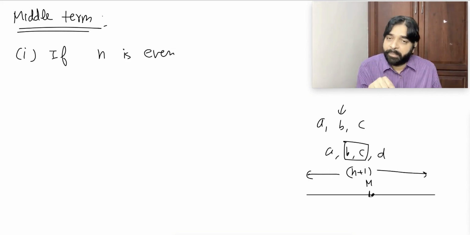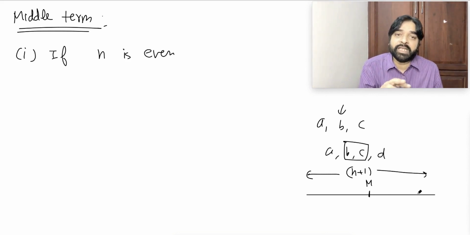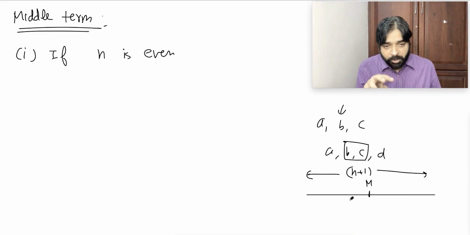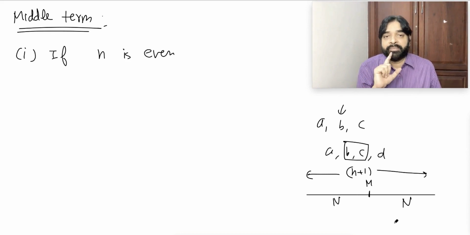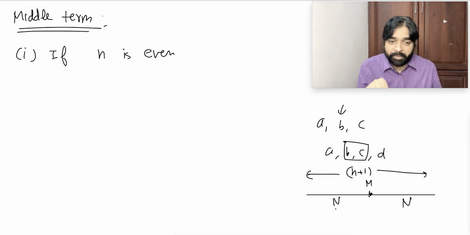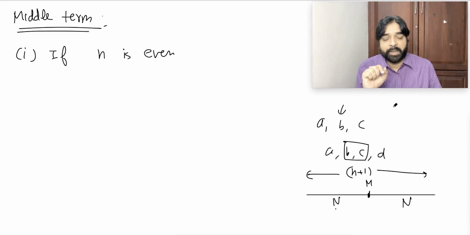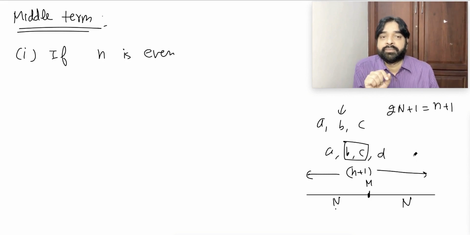This is the middle term. If it is the middle term, the number of terms on this side and on this side will be the same. Suppose the number of terms on this side is capital N and on this side is capital N. So capital N plus N plus 1, because the middle term is a single term. So the total number of terms will become 2 capital N plus 1 equal to small n plus 1.